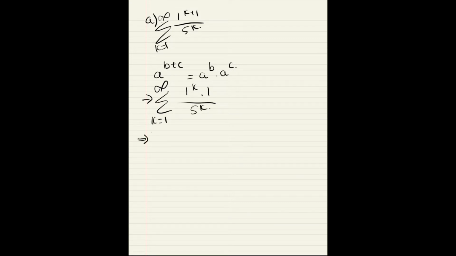So by the geometric series, a equals 1 and the absolute value of r equals 1 over 5, which is smaller than 1, so we can conclude this one is convergent.